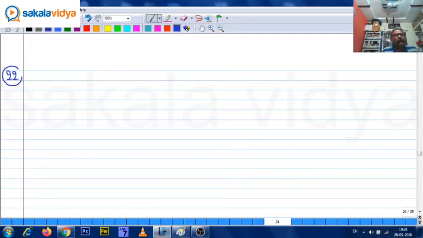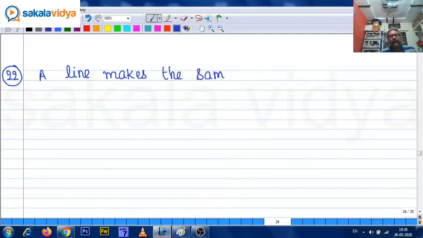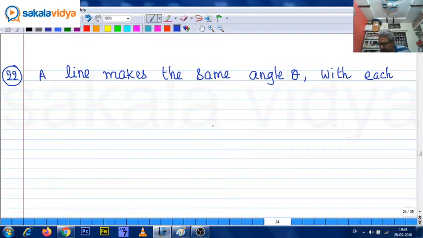Twenty-two. A line makes the same angle theta with each of the x and z axis.